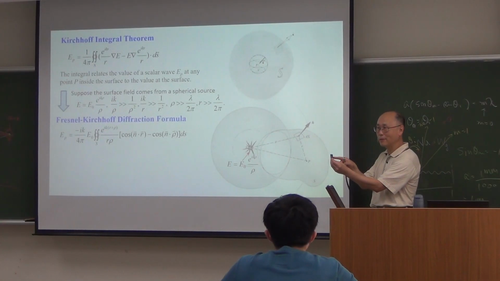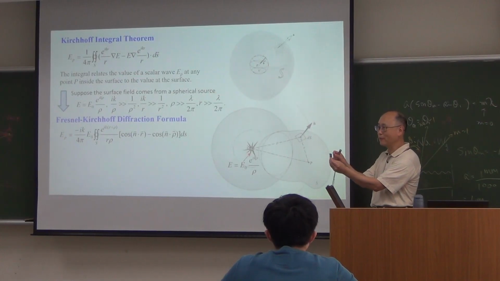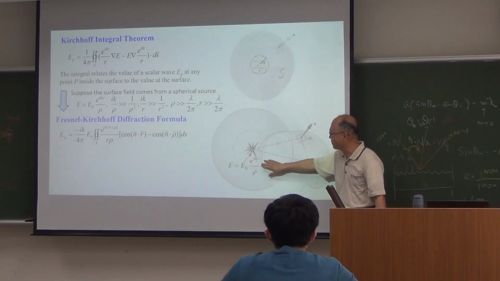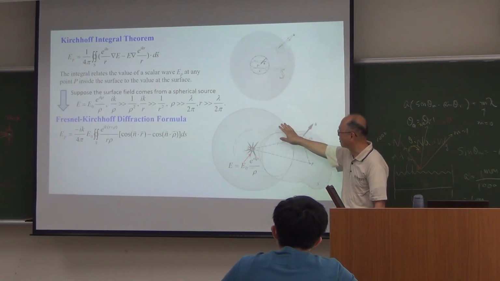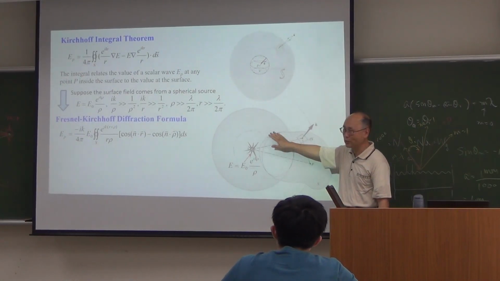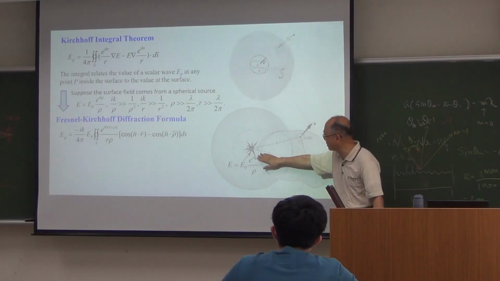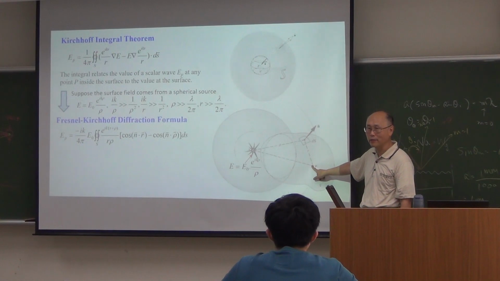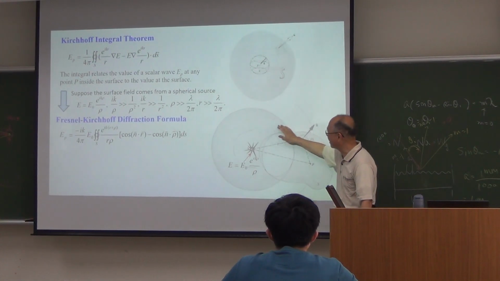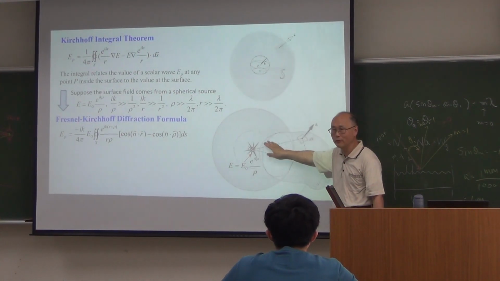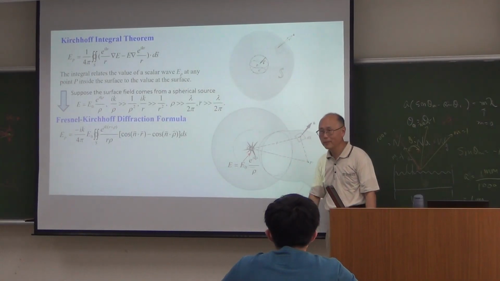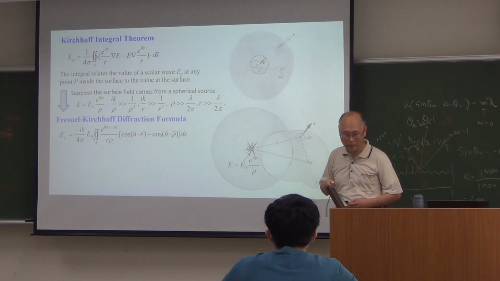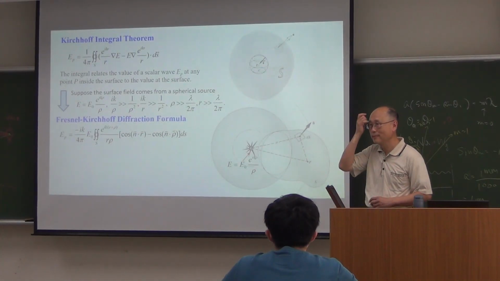This is the surface, some surface, although it's finite. But physicists in the early days modeled the problem with a full surface. If I know the surface field, can I construct the field here? Well, where do I get this surface field? From this point source. So this is the problem that we want to solve.